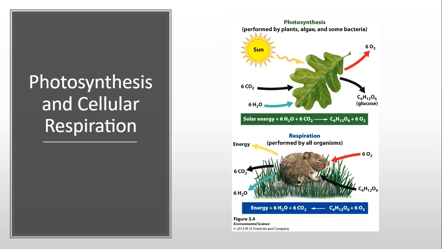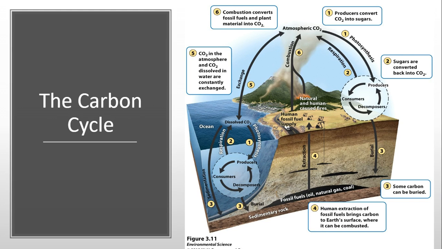It is then other living organisms that perform cell respiration that are going to use that glucose that has energy stored, break those bonds in the presence of oxygen, and then produce CO2. So we can kind of see that cycle happening there. So what does that look like on a more grand scale?